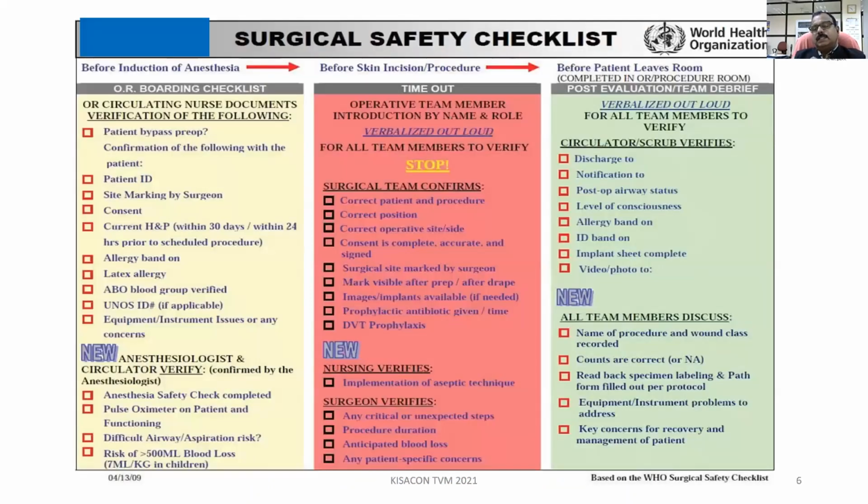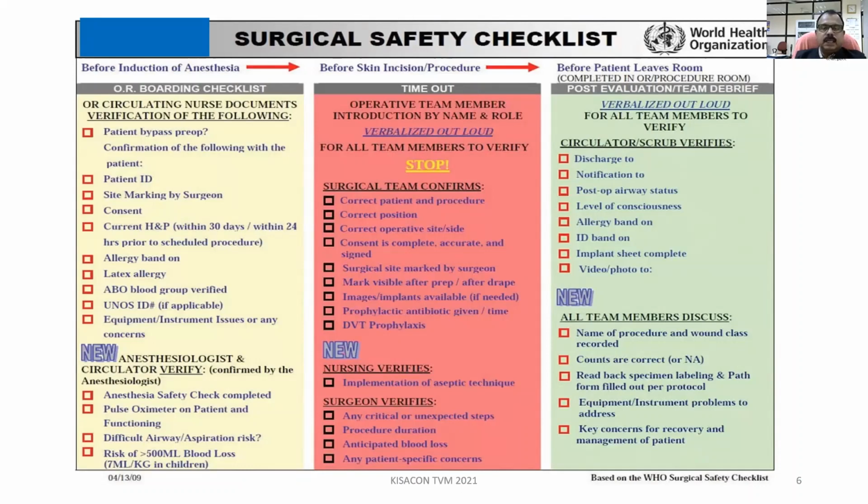Another important aspect that we need to discuss is about the surgical safety checklist. This has been implemented in a lot of hospitals across the globe, and the various steps which are there, many of you are familiar with, the sign in, time out, and the sign out processes.